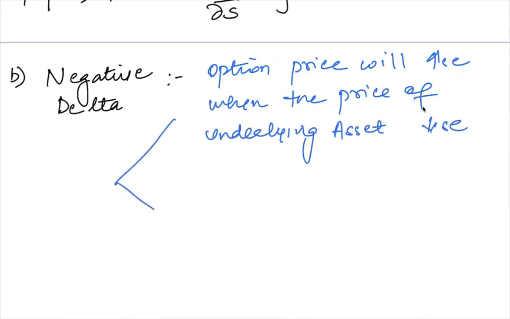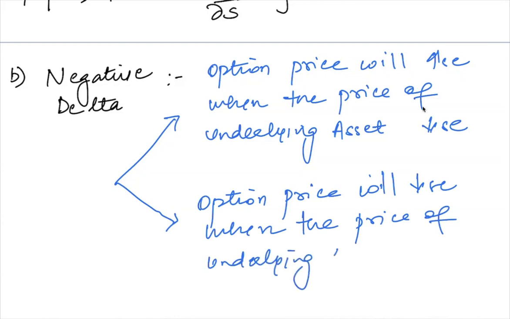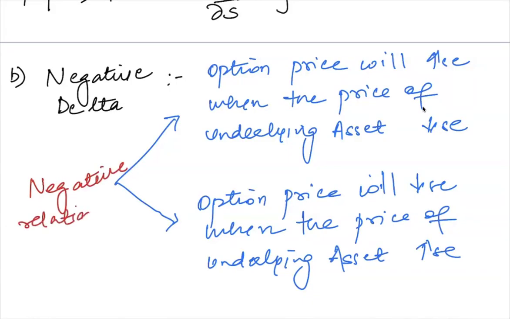Similarly, the option price will decrease when the price of the underlying asset increases. So we can say that the option price has a negative relationship with the underlying asset.